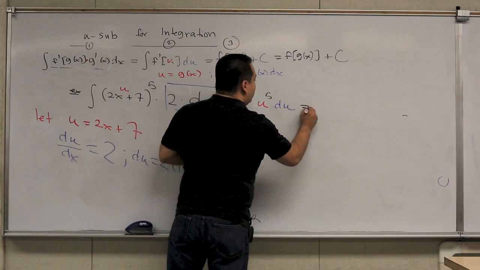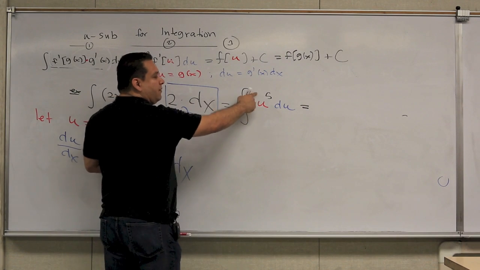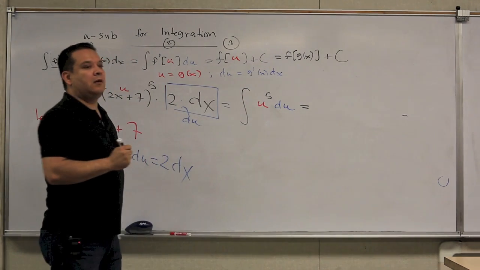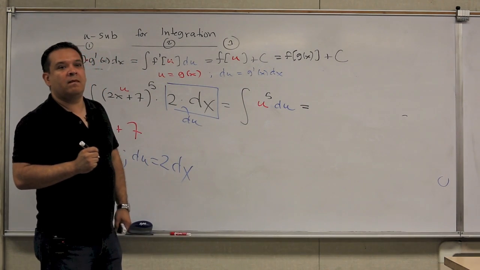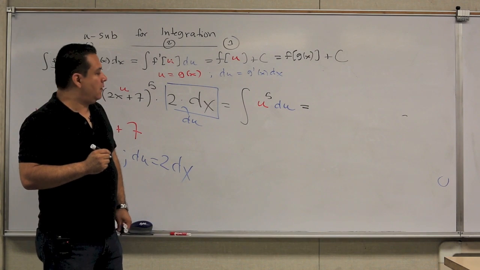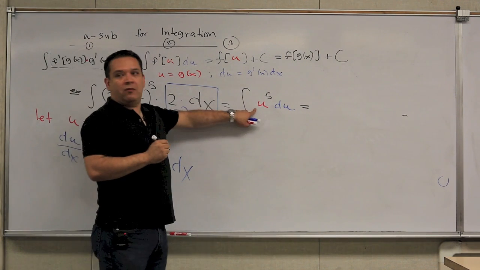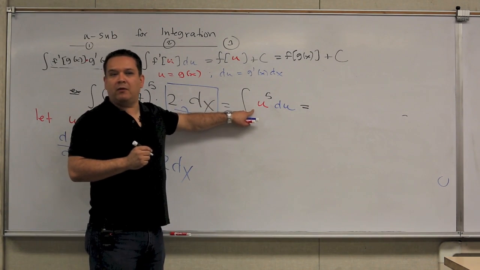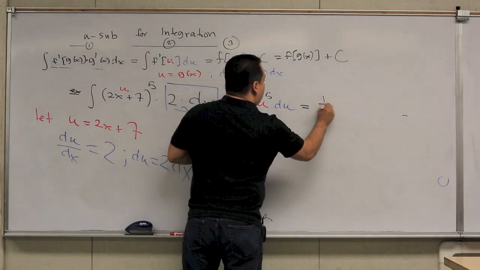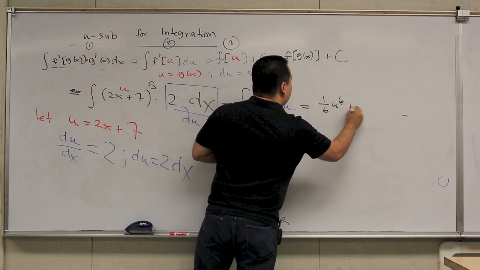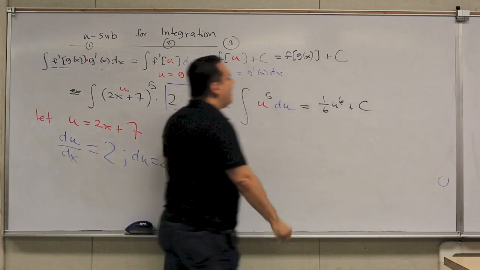So what do you get now here? If I integrate u to the 5th power du. Well, what do I use? Power rule? What does that give you? 1/6 u to the 6 plus c. This is my answer.